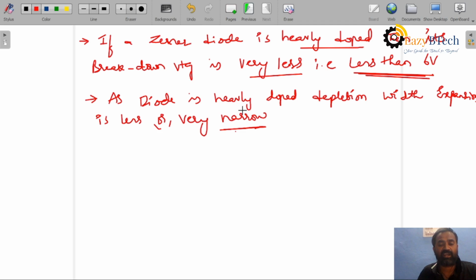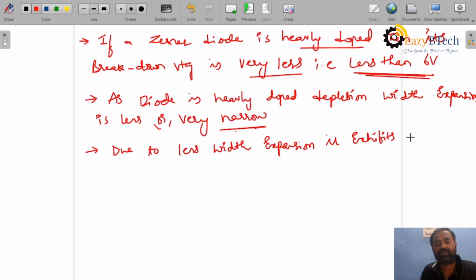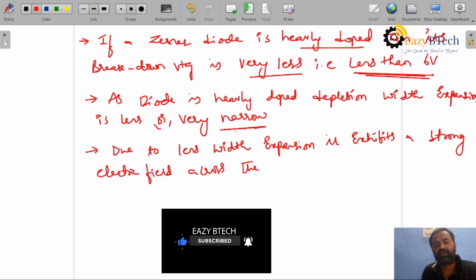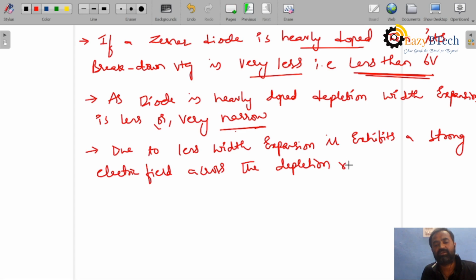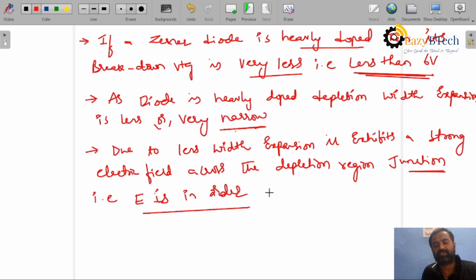Due to less width expansion, it exhibits a strong electric field across the depletion region junction, that is, an electric field on the order of 10 power 6 volts per centimeter.